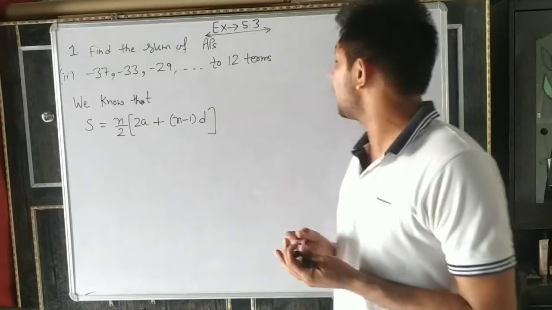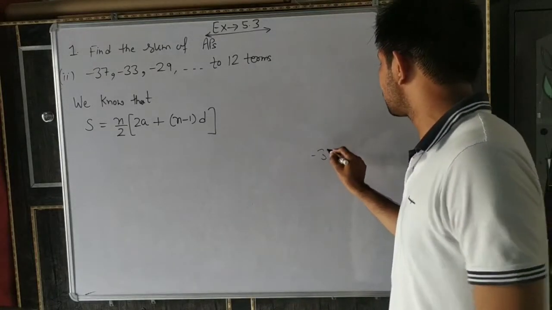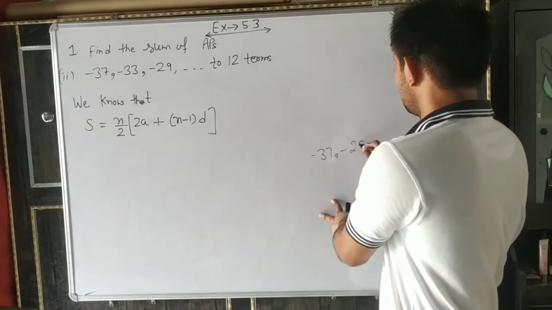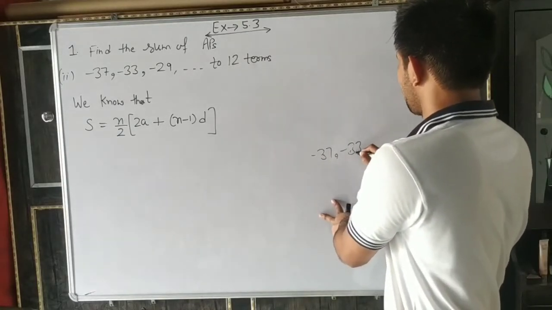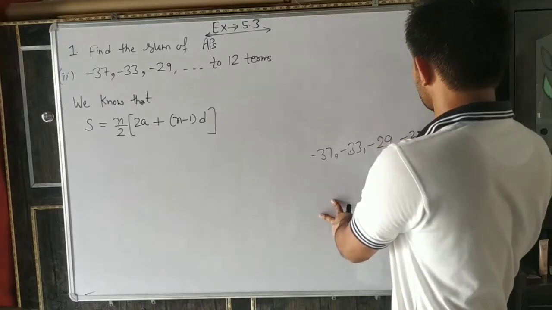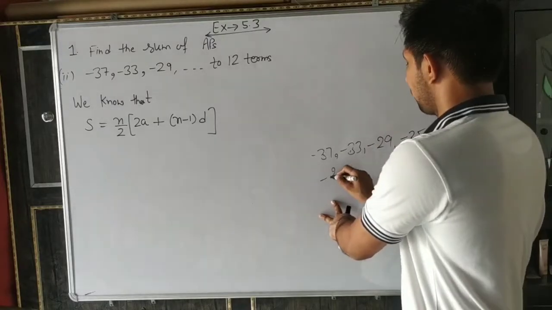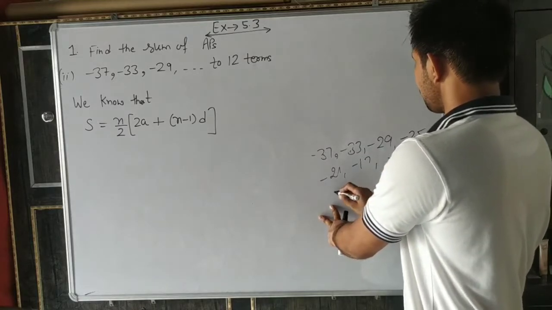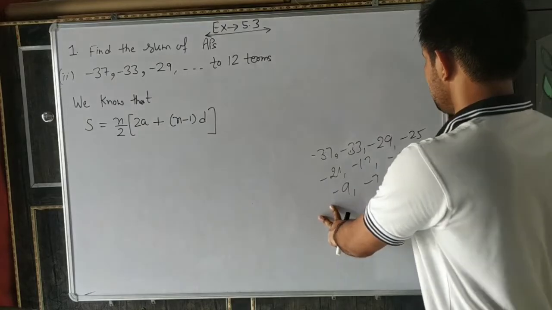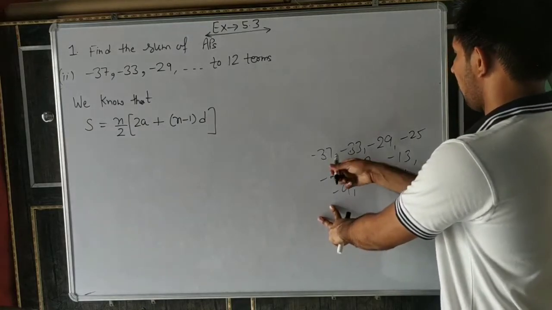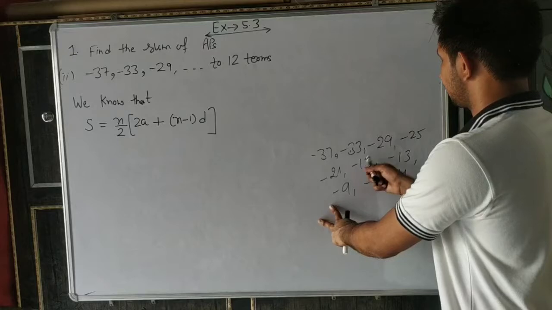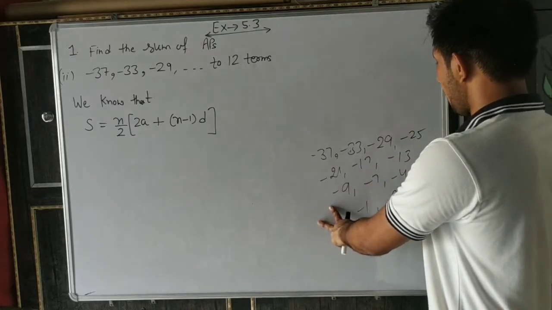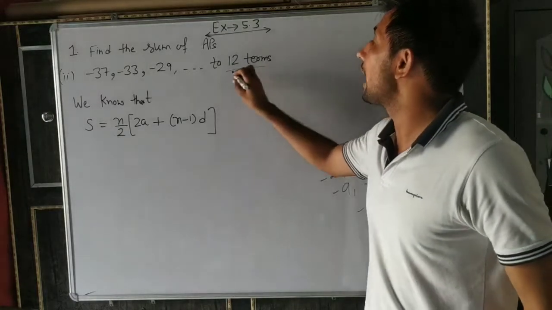We have to find the sum of minus 37, minus 33, minus 29, minus 25, and so on, up to 12 terms.